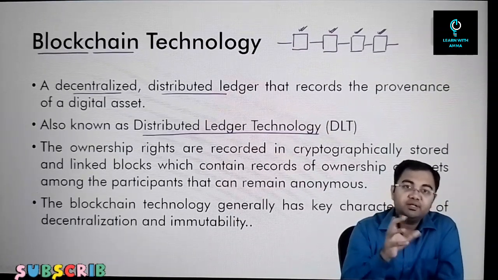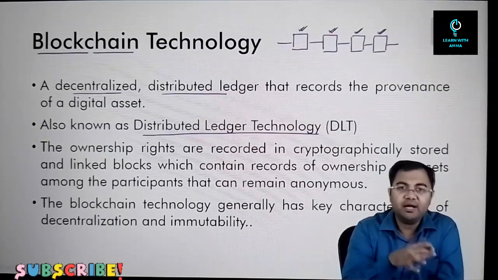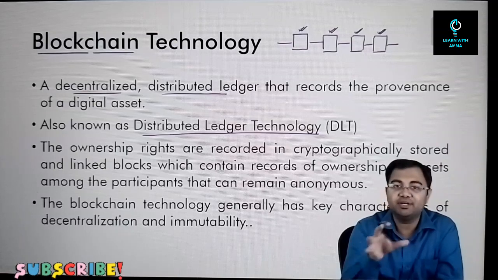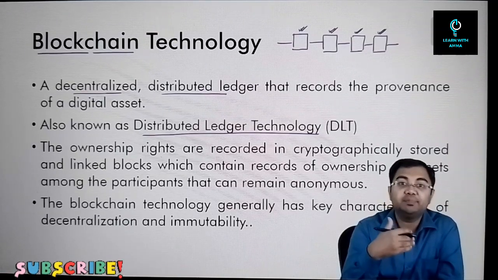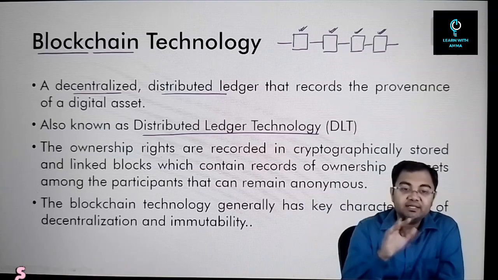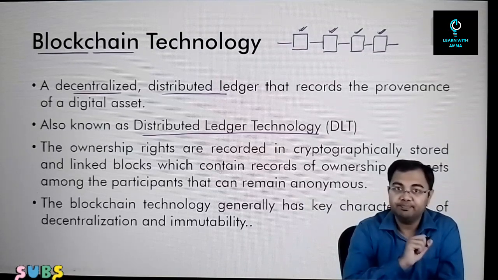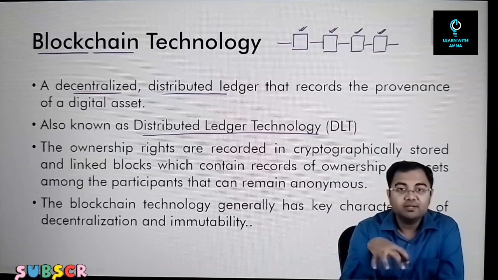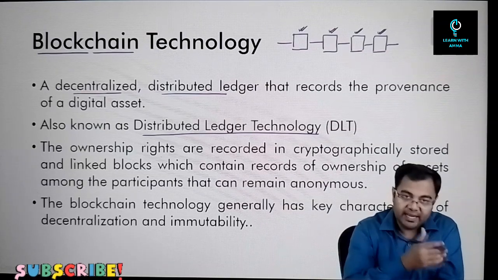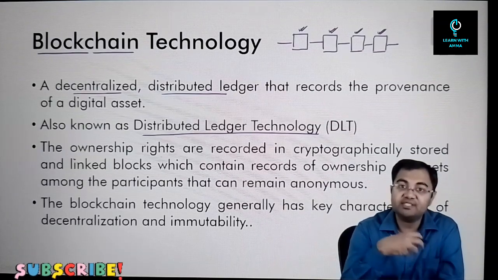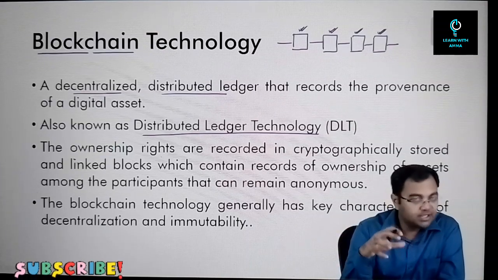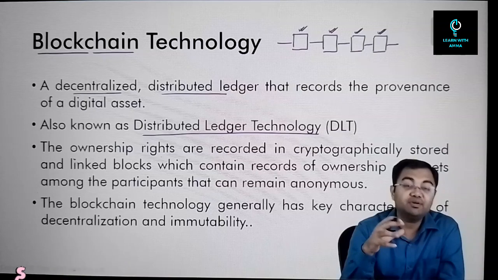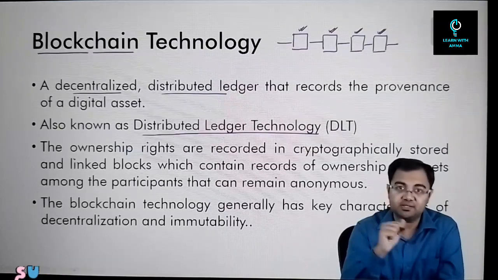Whether it is a private bank or public bank, there is a central authority in the name of a bank. But in the case of a transaction happening through a blockchain, there is no centralized authority. There is nobody sitting between the person who is sending the money and the user who is receiving the money. So there is no central authority as such. That's why we say that it is a decentralized system.